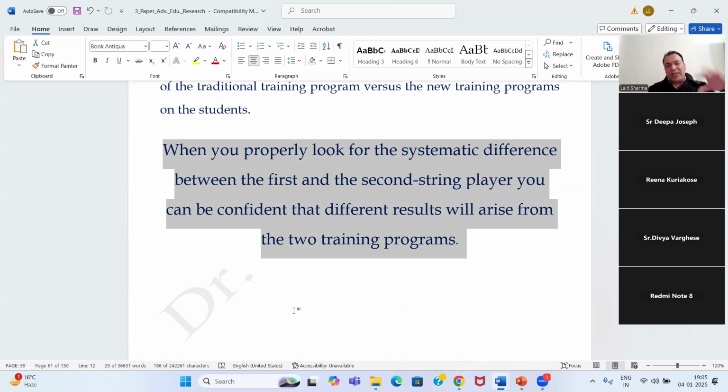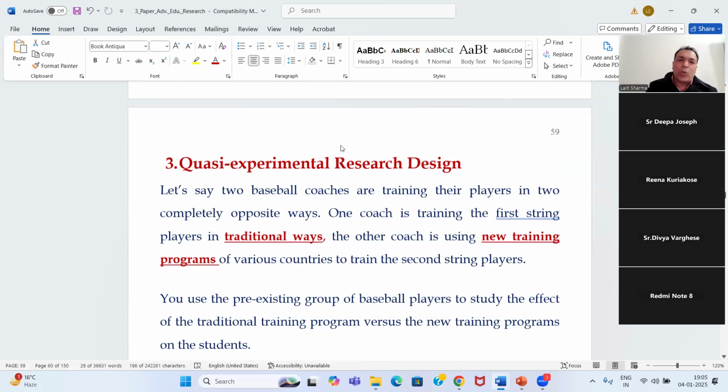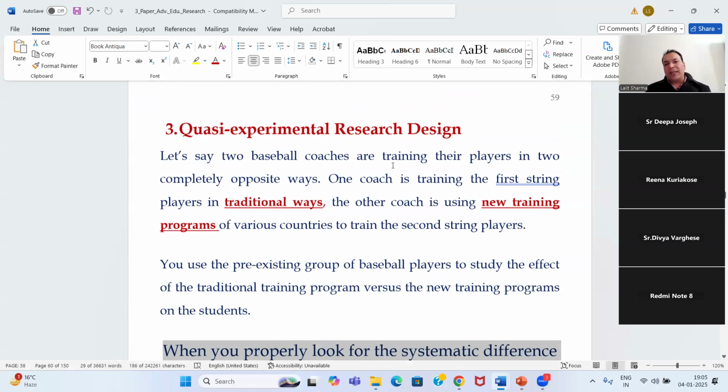Okay, there are two coaches. One is giving the training traditionally, one is giving the training with the new method, and you can know that, okay, and all the results would be different. But then you can implement which method is the best, right? So this is the quasi experimental research design, right?